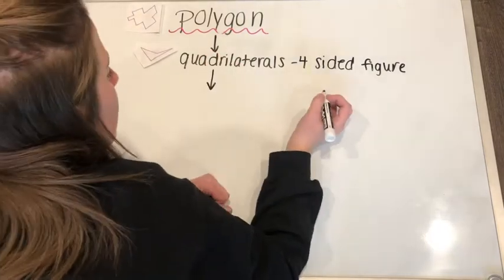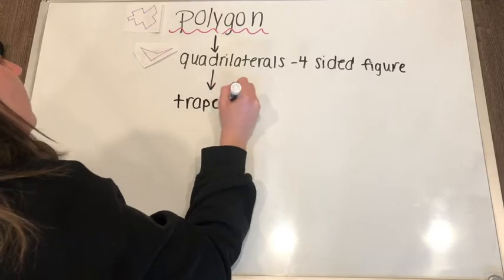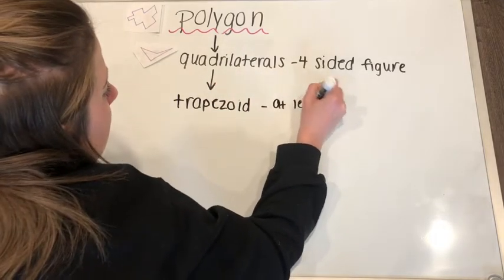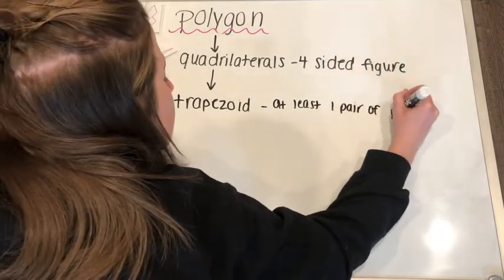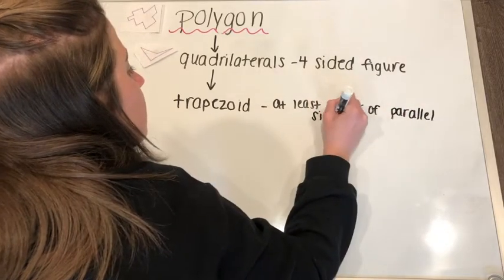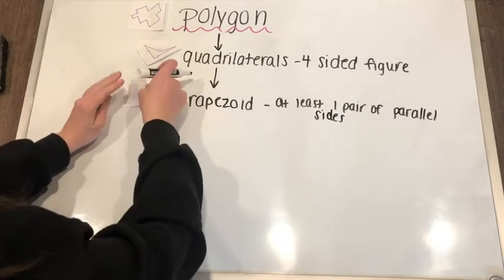Our next one is a trapezoid. So underneath quadrilaterals, we have trapezoids. Trapezoids have at least 1 pair of parallel sides. So a trapezoid will look something like this.